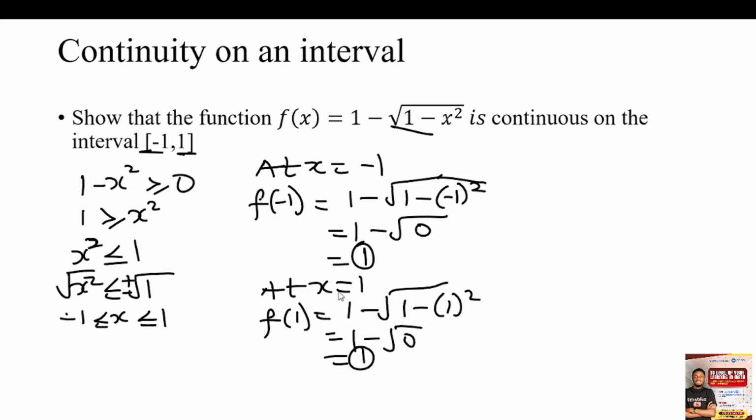So since f of x is continuous at every point in (-1, 1), continuous from the right at x equal to negative 1, and continuous from the left at x equal to positive 1, we conclude that the function f of x equals 1 minus root of 1 minus x squared is continuous on the interval [-1, 1].